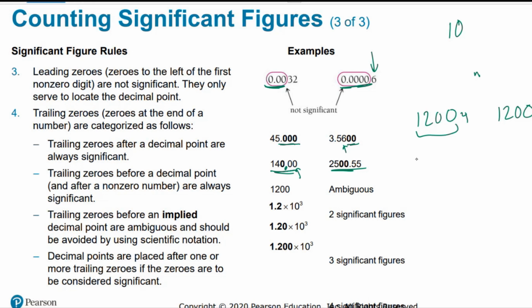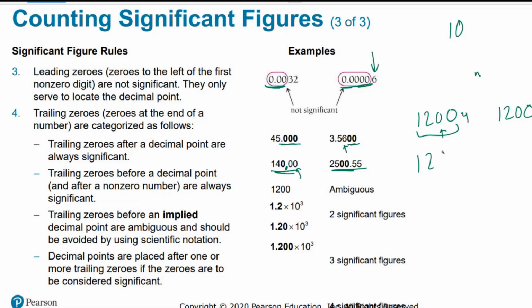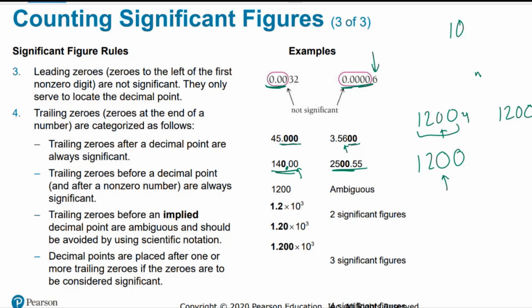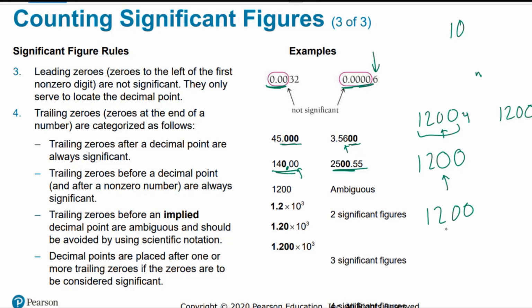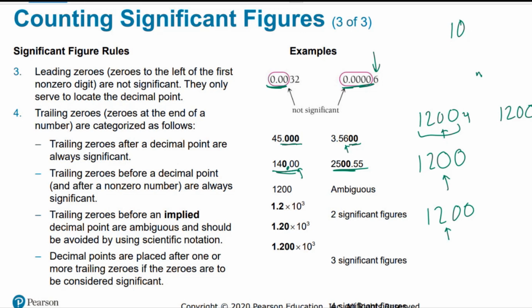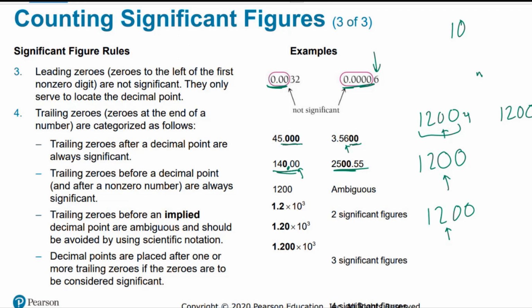Or I don't know if my measuring device could only measure to the tens place, and maybe this number is where my uncertainty lies. Or maybe my measuring device can only measure to the hundreds place. Maybe I'm measuring the stuff by the ton, pulling my car up onto one of those scales like you go by at the dump, and it doesn't have much uncertainty at all.